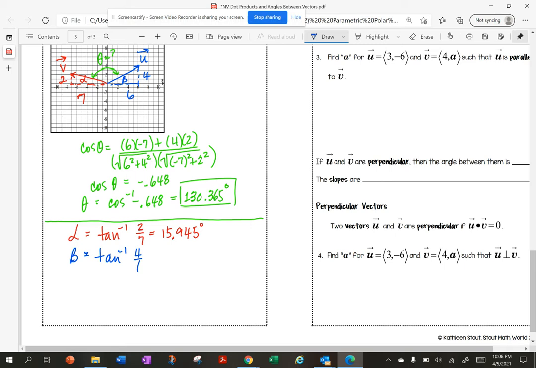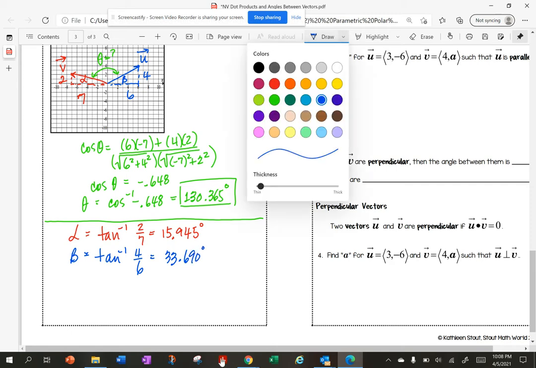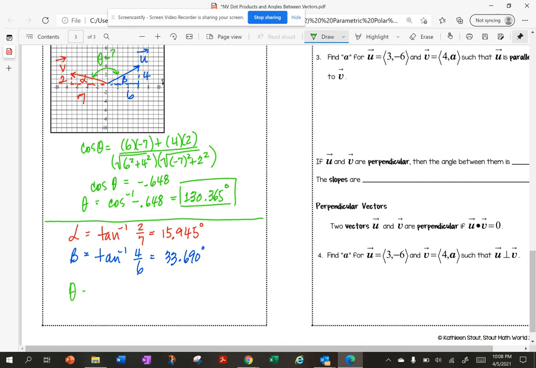So 4 divided by 6 is 33.690. So to find theta, that can be 180 minus 15.945 minus 33.690. And that is 130.365. Okay, so I get the same answer.